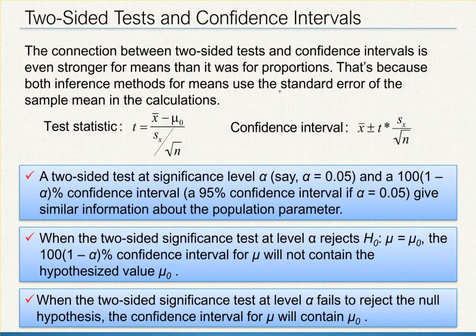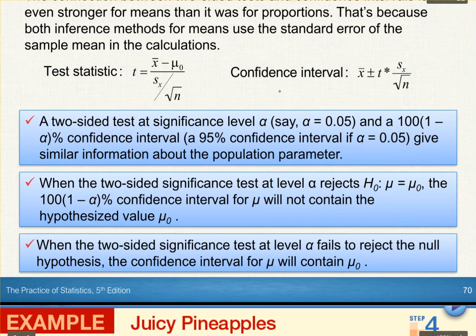And so a two-sided test at a significance level alpha gives very similar information to a confidence interval. Like if alpha is 0.1, 90% confidence. If alpha was 0.15, an 85% confidence interval. So that's what this 1 minus alpha talks about.